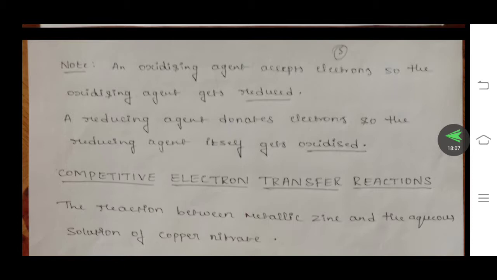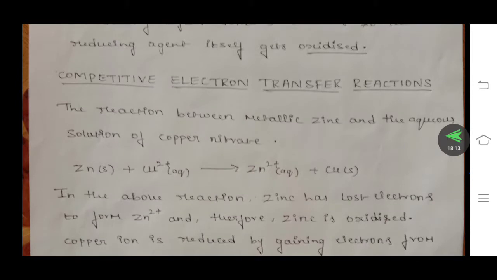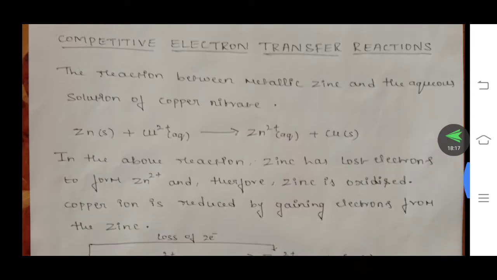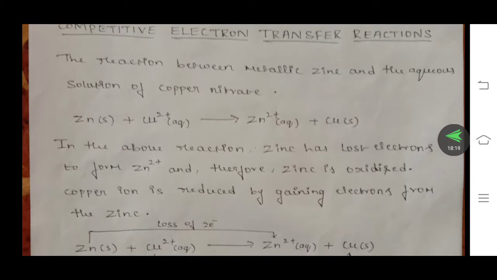Next topic, competitive electron transfer reactions. The reaction between metallic zinc and the aqueous solution of copper nitrate: Zn + Cu2+ gives Zn2+ + Cu.